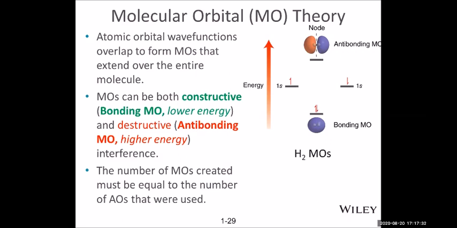If there are more electrons in the bonding, you have an overall stable situation, a low energy molecular orbital. If there are electrons in the antibonding, that is not favorable for the stability of the bond. So that's basically molecular orbital theory.